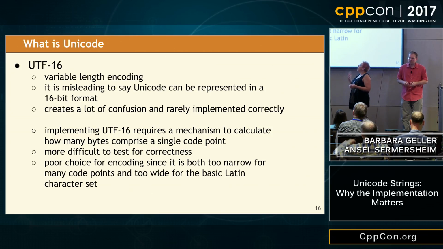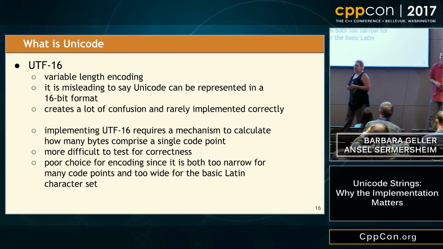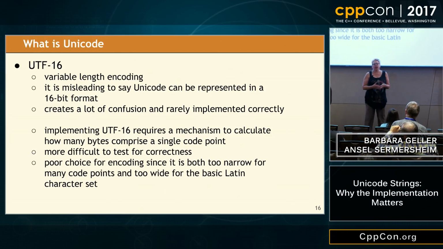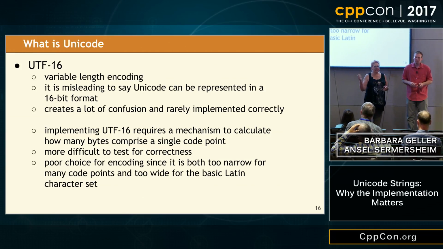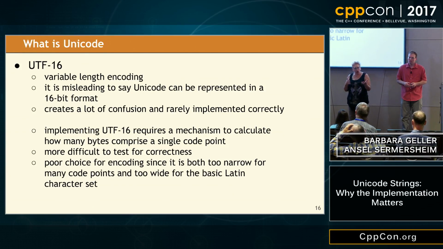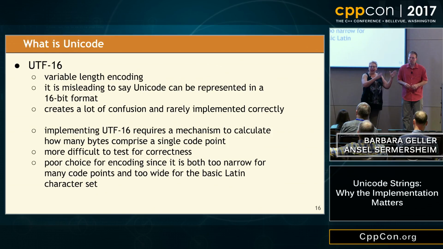UTF-16 is also a variable length encoding. This is some of the differences. If you've looked at the Unicode standard and you've seen that some languages use UCS, there are encodings we're going to talk about very briefly that preceded UTF-8 and UTF-16. So you have to ask, is an encoding fixed length or is it variable?